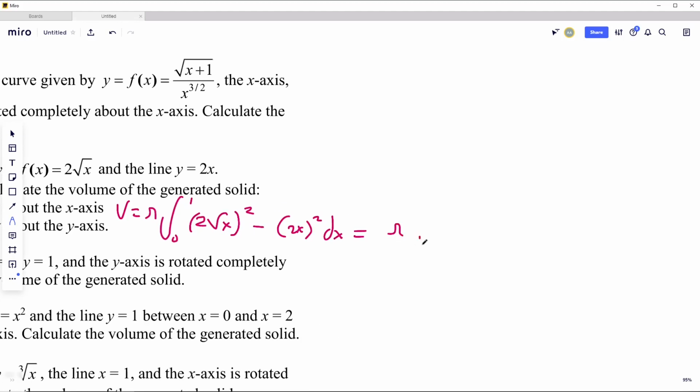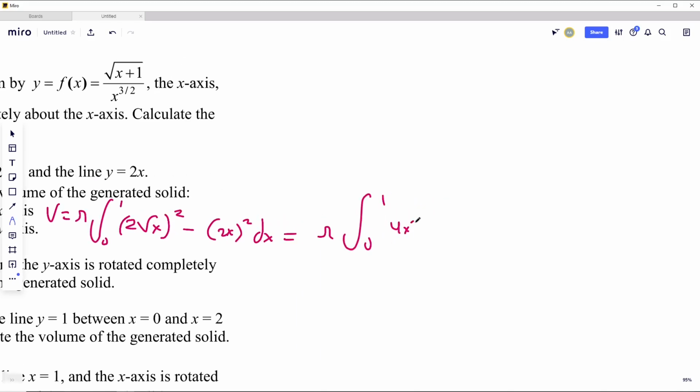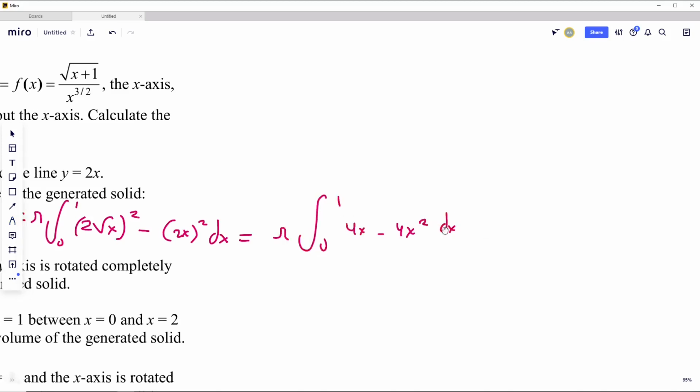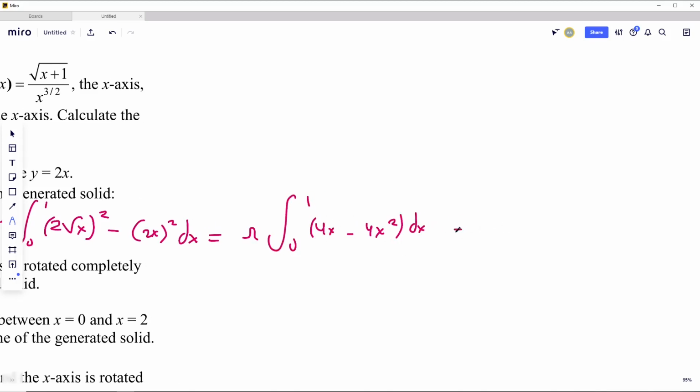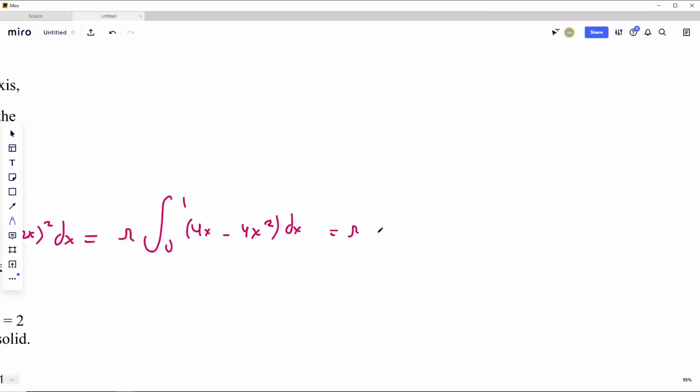This is pi integral from 0 to 1 of 4x squared minus 4x, because you remove the square root, this is x, and here it's squared, dx. Equals, let's integrate immediately, pi times 2x squared, if you do the x squared then divide by 2, minus 4x to the power 3 over 3, from 0 to 1.